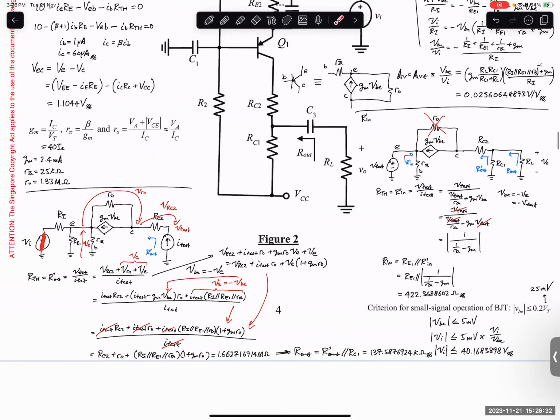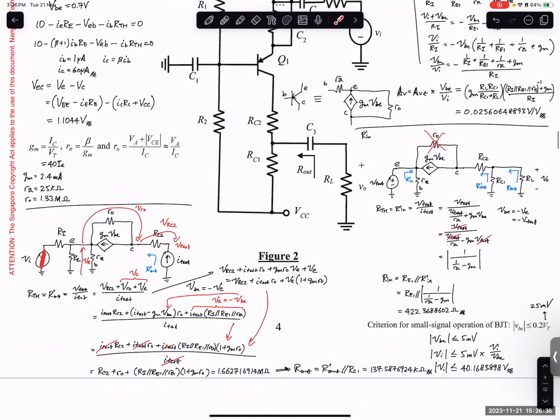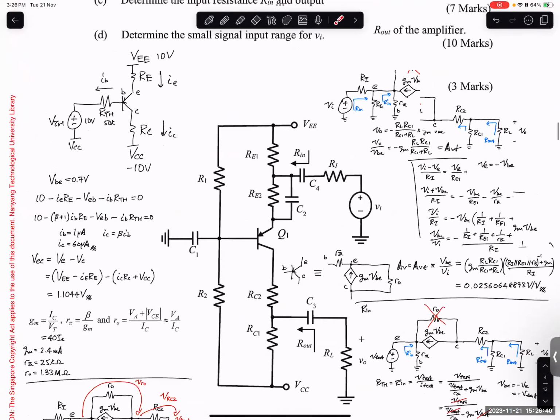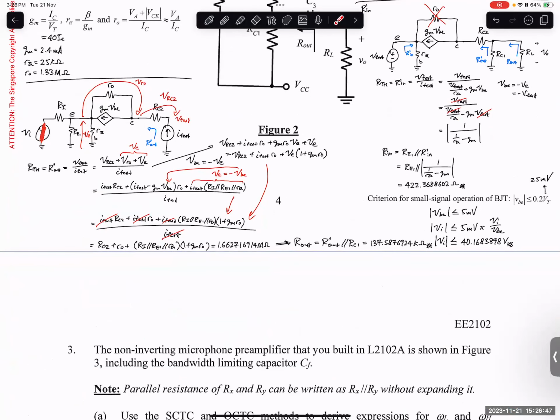Can check the search history. This is VBE over, so inverse. Yeah, 40 volts. I thought we should get VB for one. Wait, how do you do that?